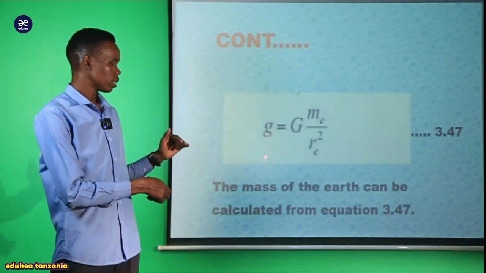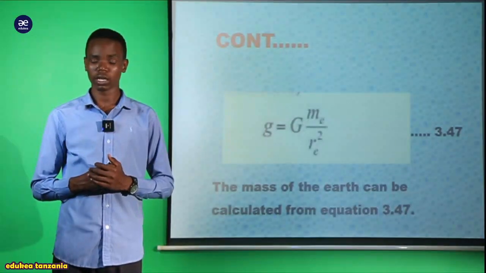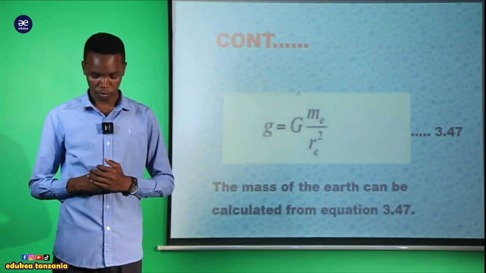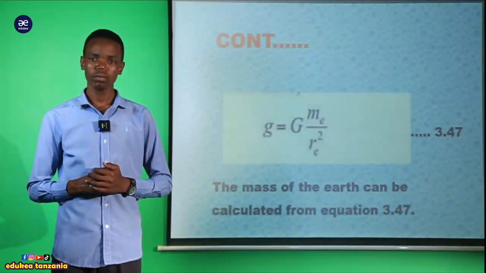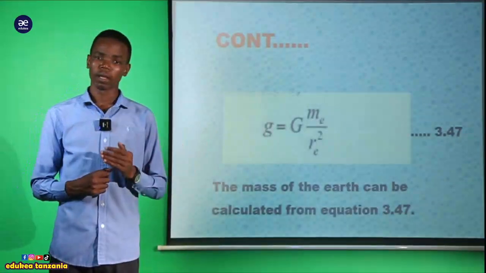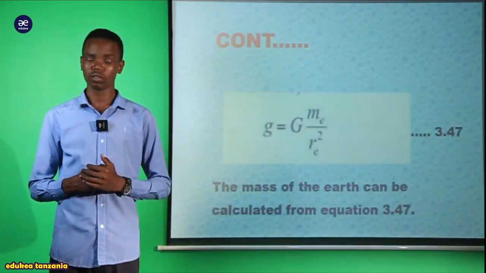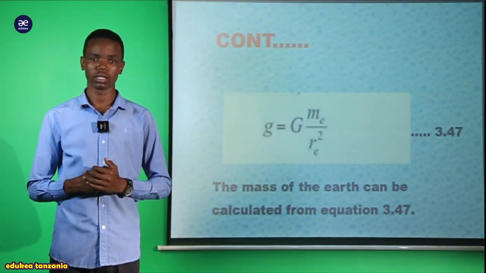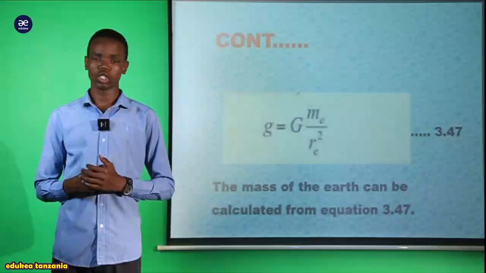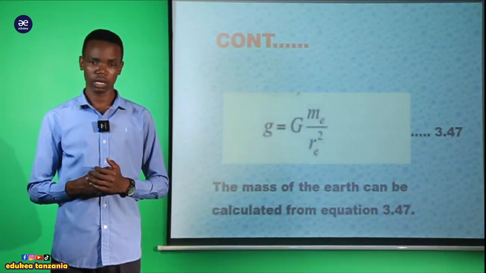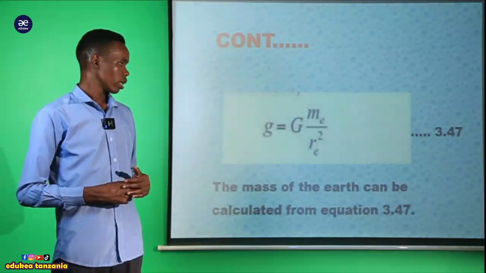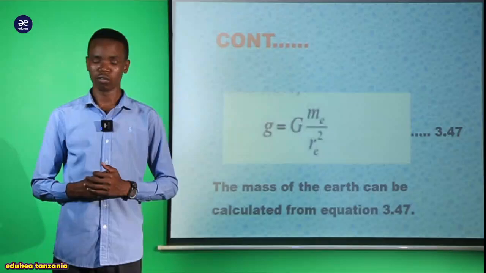But this g implies the acceleration due to gravity of the Earth. But G here stands instead for the universal gravitational constant. But Me implies the mass of the Earth, where Re is the radius of the Earth.